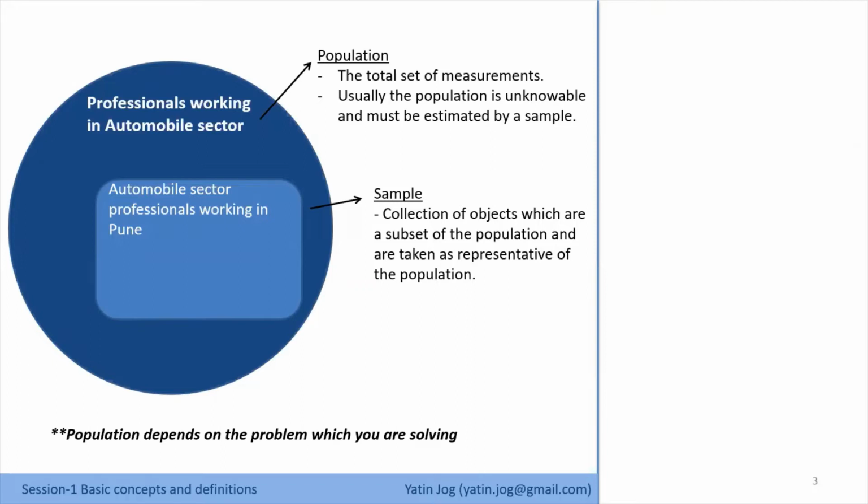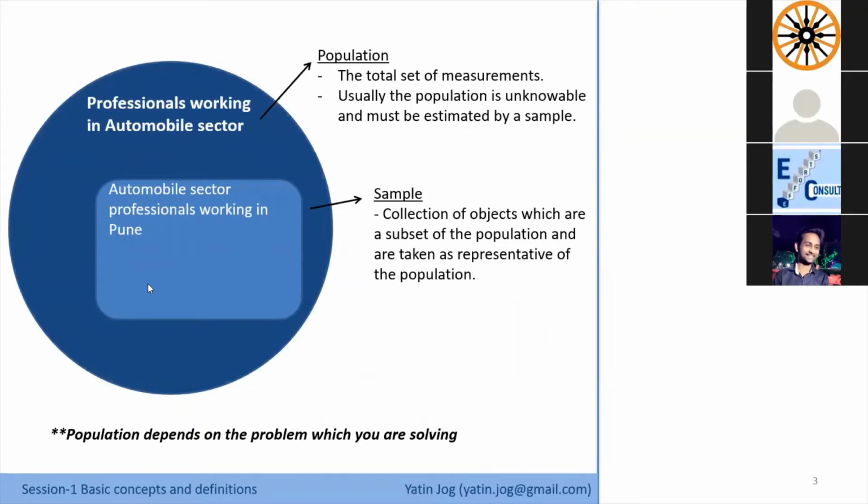Suppose I add a constraint to my population definition: automobile sector professionals working in Pune. That will restrict my population or my selection to the Pune area only. Maybe there are 50,000 or 60,000 automobile professionals working in Pune.